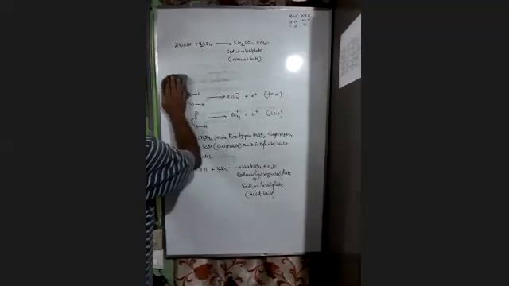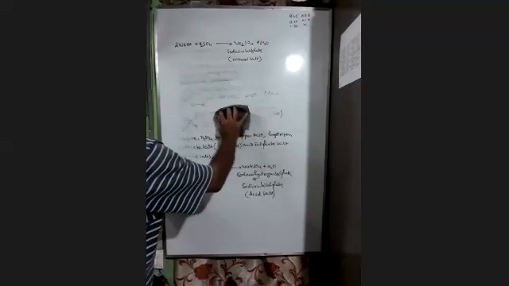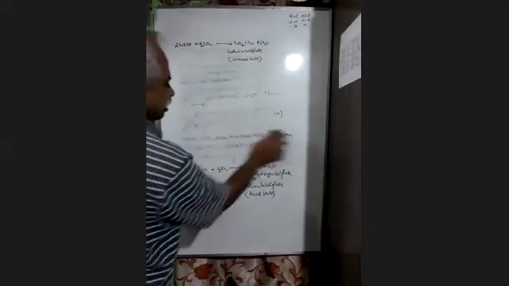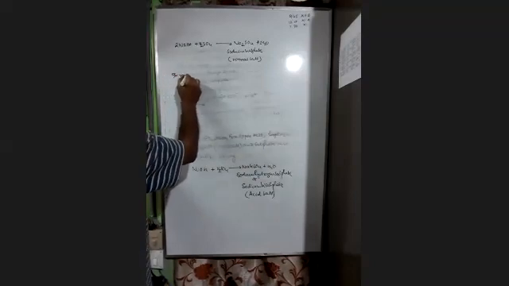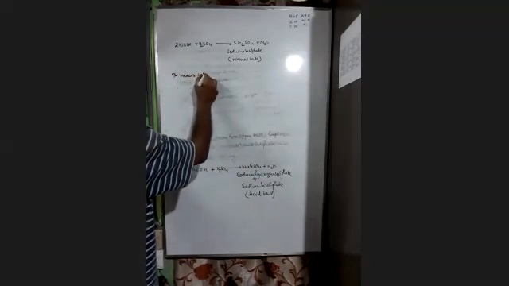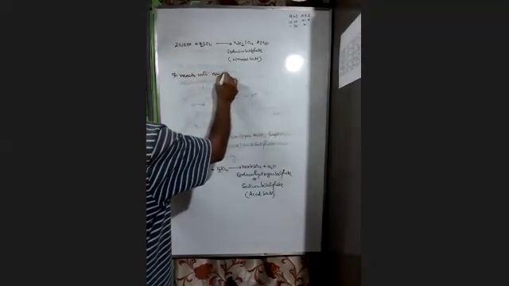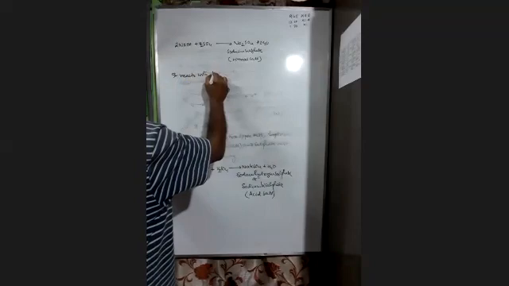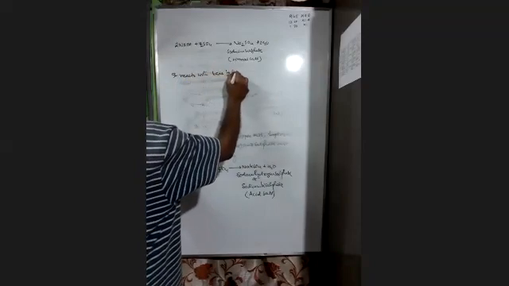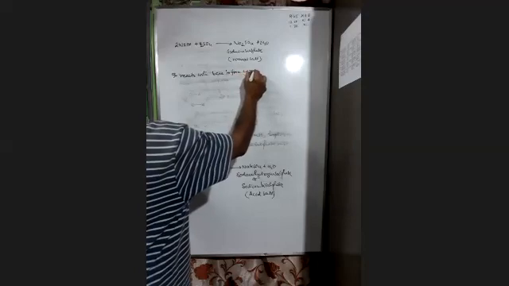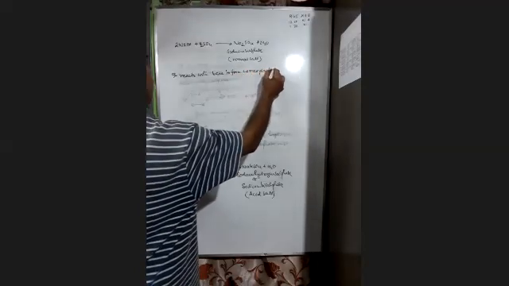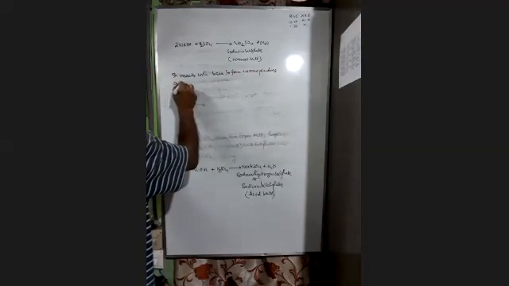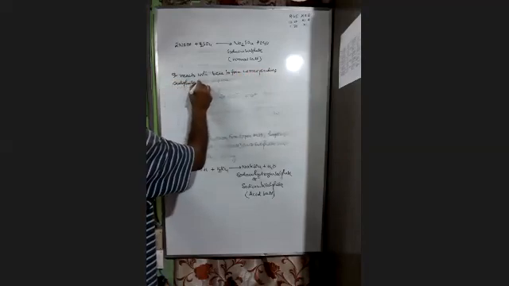So as an acid, it will react with bases to form salt and water. So right now here H2SO4 reacts with bases to form the corresponding sulfate salt.